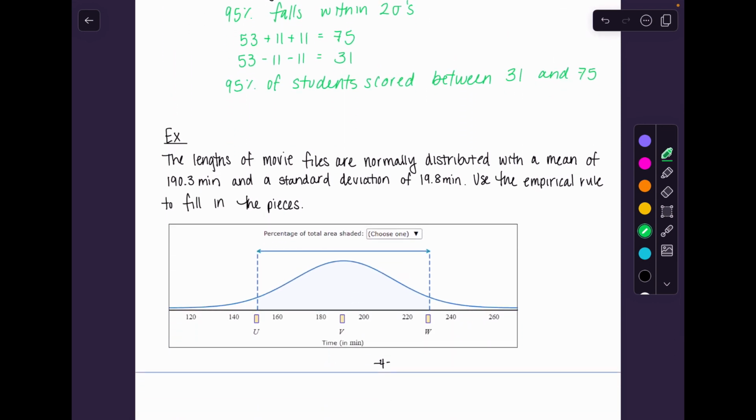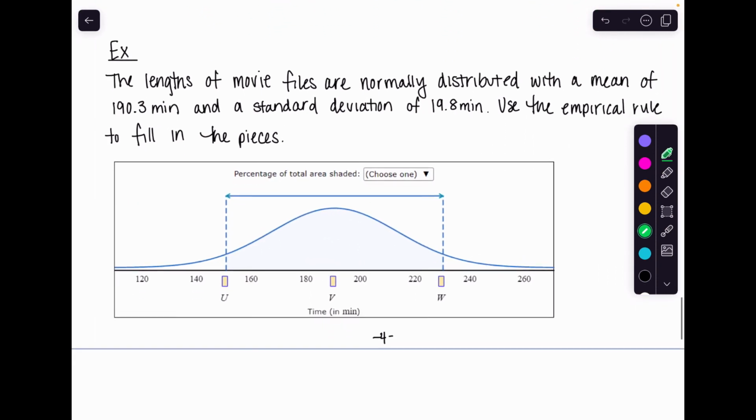We're told the length of movie files are normally distributed with a mean of 190.3 minutes and a standard deviation of 19.8 minutes. We want to use the empirical rule to fill in the pieces. So you'll have a nice little drop down in your chart. But what I want to do is fill in what these numbers are, okay?